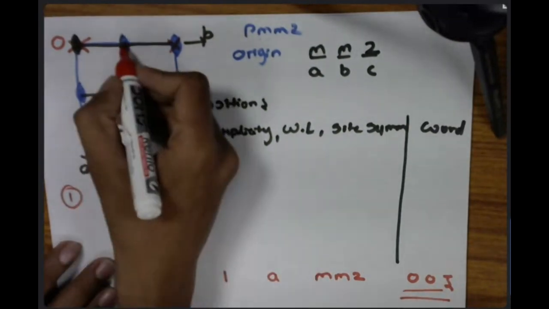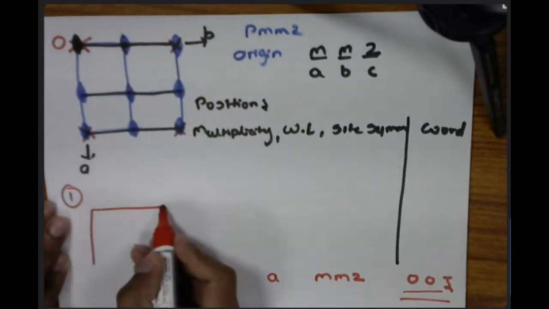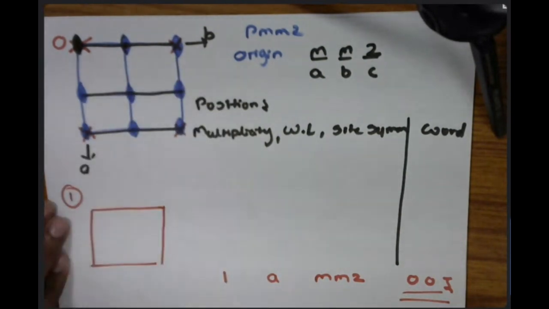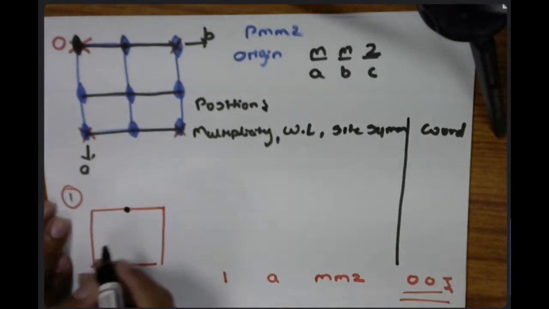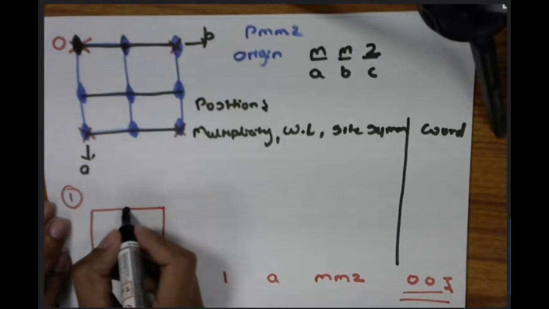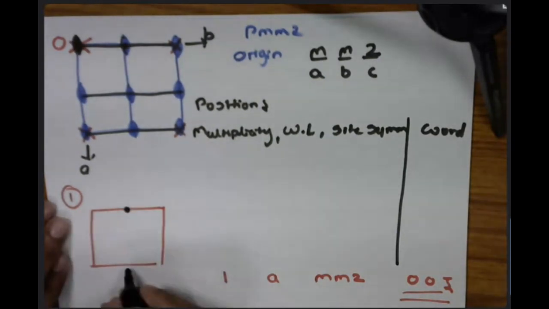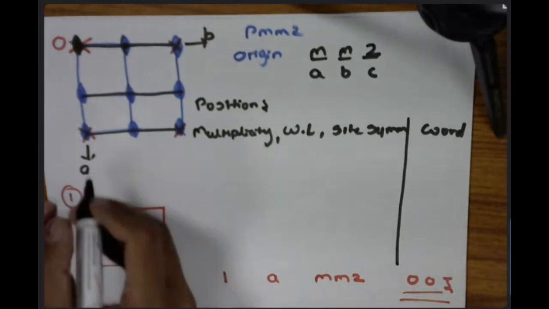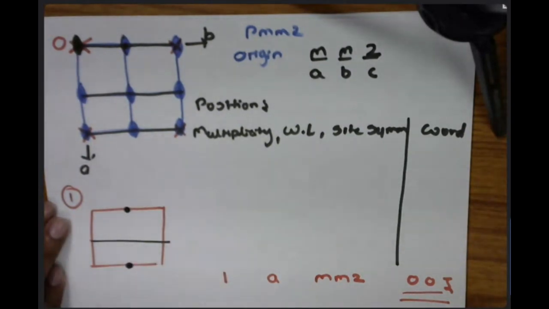And again, let us say I am placing my point over here at this particular site. It will rotate by 180 degrees about the Z, and again it will remain as it is. It will be reflected back by this particular mirror. If I apply the remaining operations, it will get over here.